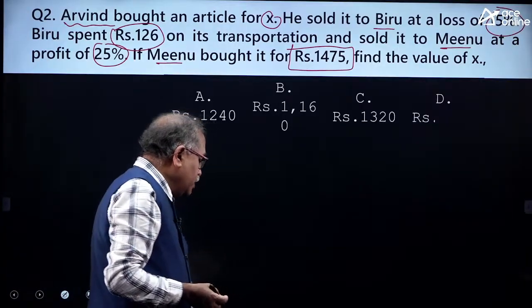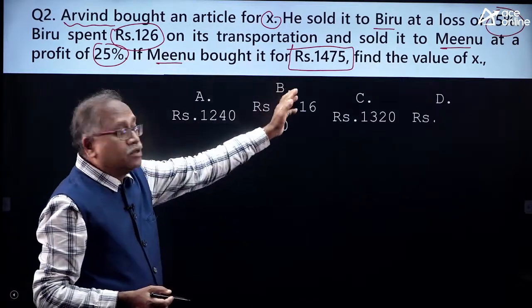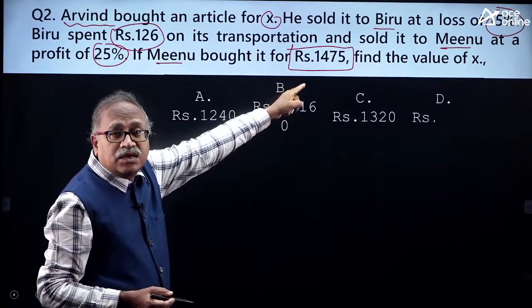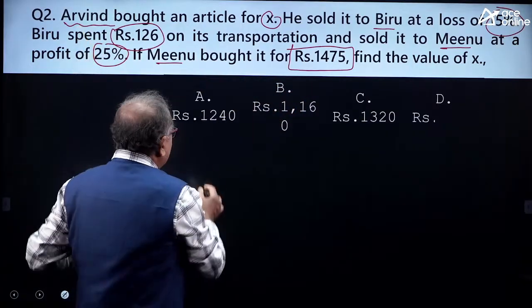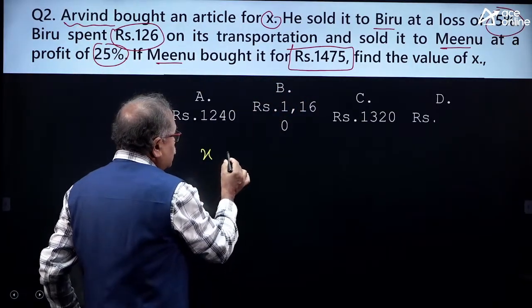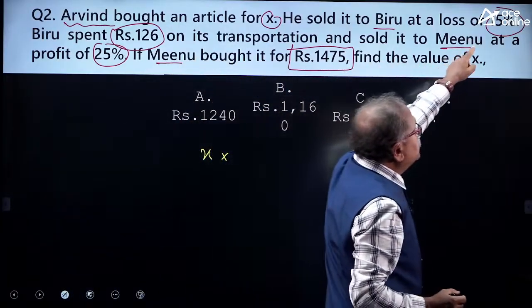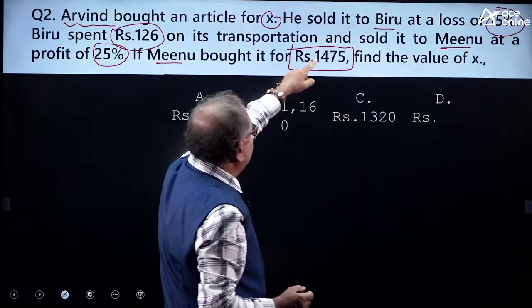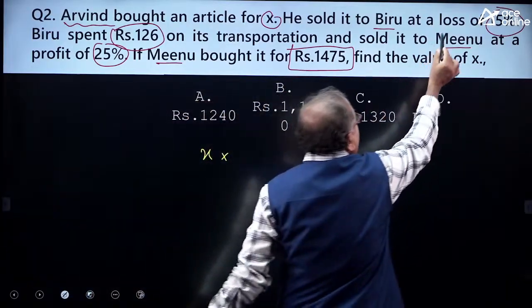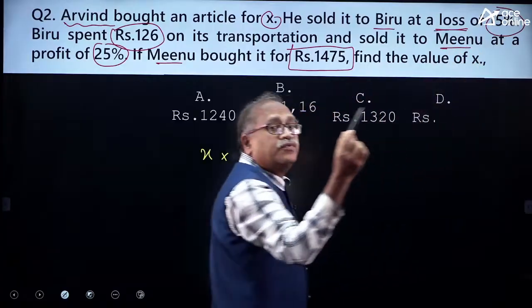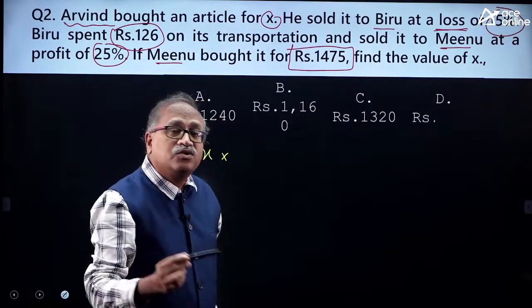Okay, I don't know what the x value is. Let x be the same, and after the chain sequence I know the right-hand side number is 1475. So the left-hand side starts with x. It is sold at a loss of 15%, that is it is sold at 85%, and 85% is nothing but 17 by 20.